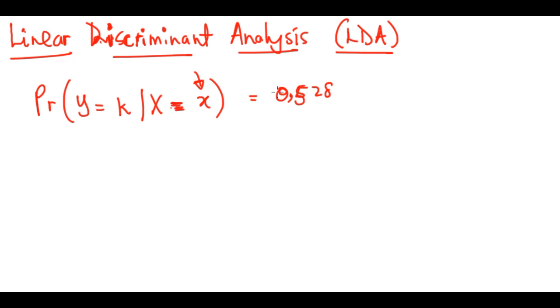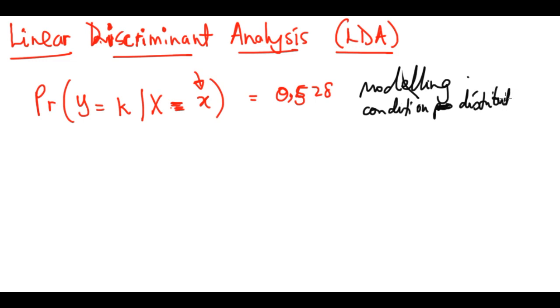In statistics, if we are going to use statistics jargon, this is called modeling the conditional probability, the conditional distribution of y given predictors x.